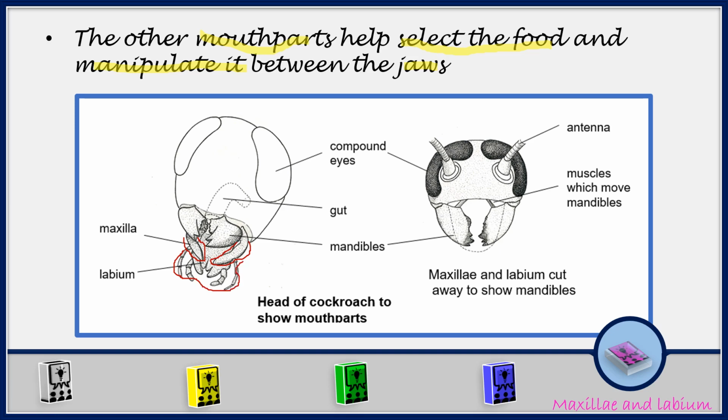Their work is to select the food and manipulate it between the jaws. The jaws are the mandibles. So they are going to direct the food towards the mandibles, which are going to crush the food and then push it into the gut. So that's the work of the maxilla and the labium, which are the second part of the mouth parts.